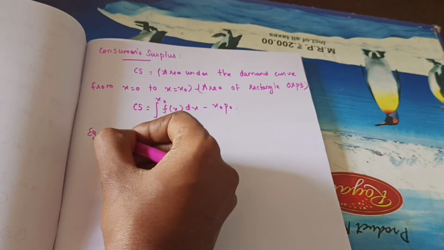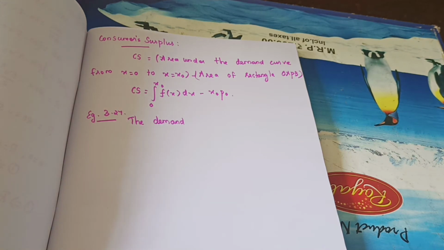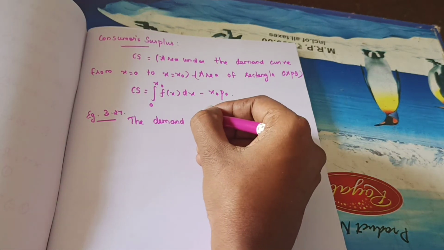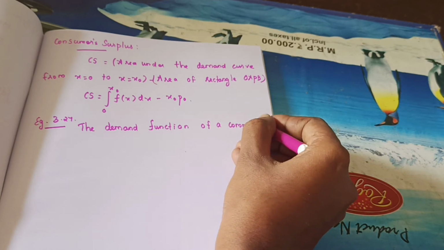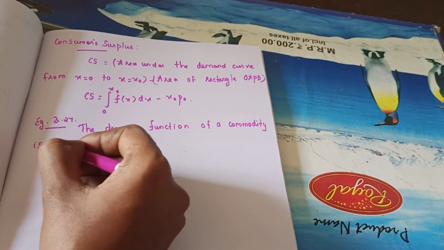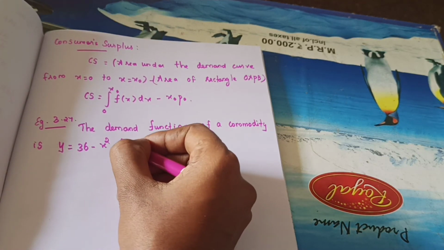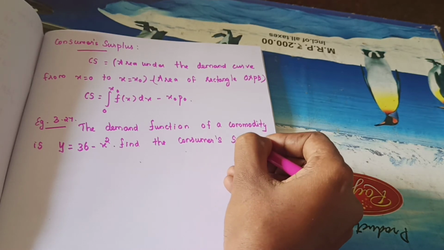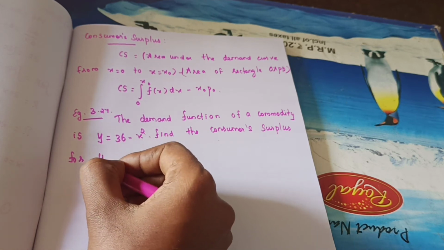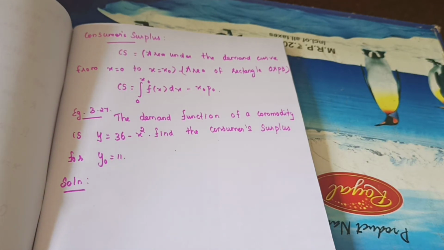Example 3.27. The demand function of the commodity is y is equal to 36 minus x square.